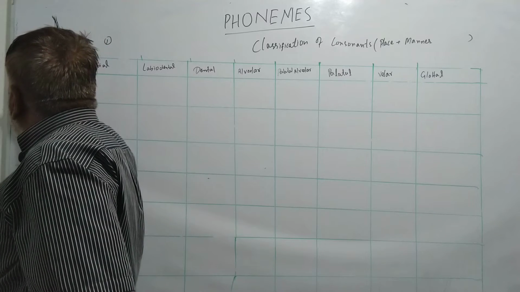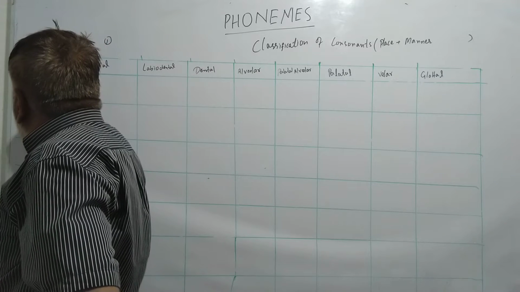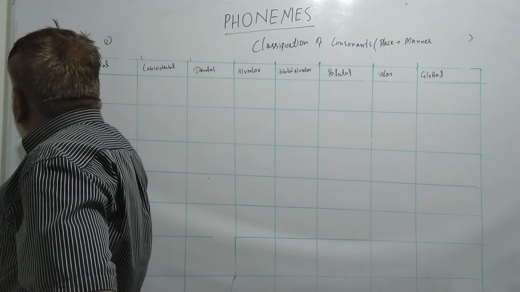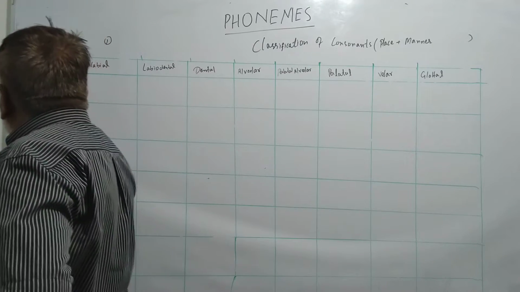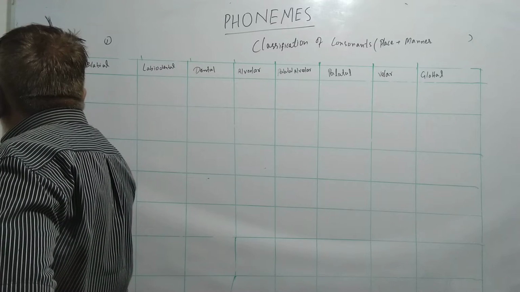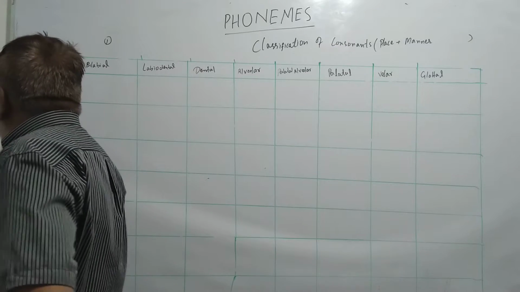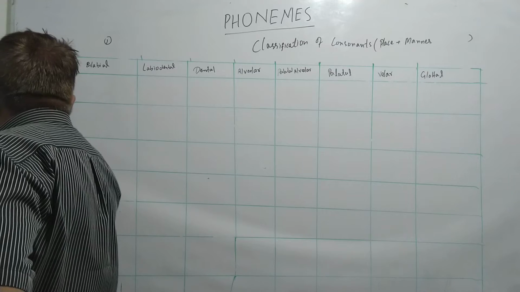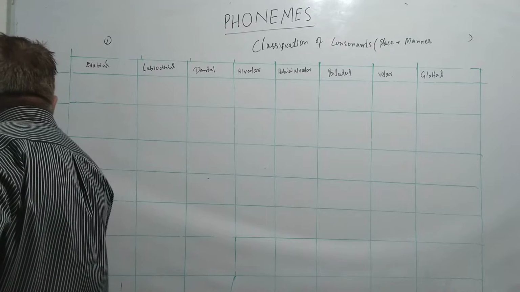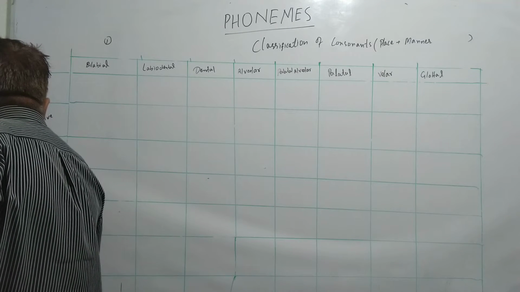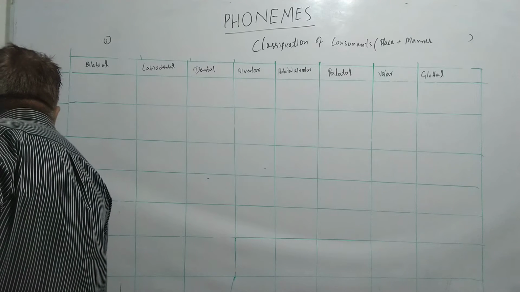The first one is plosive, the next one is fricative, then the third one is affricate, the fourth one is nasal, the fifth one is lateral, and the last one is approximant.